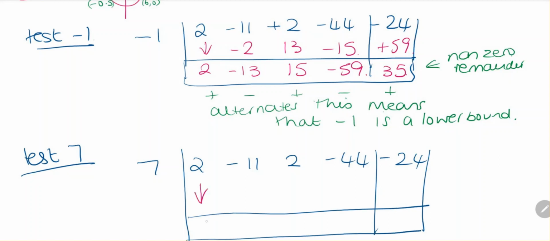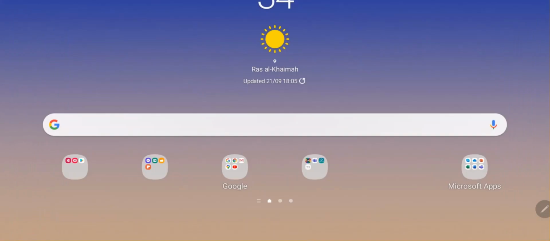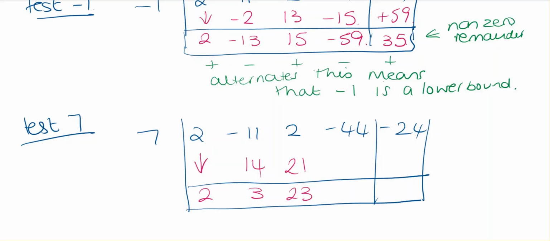So bringing down the 2, 7 twos are 14, 14 minus 11 is 3, 3 sevens are 21, this is 23, and so 23 times 7 is going to be 161. 161 multiplied by 7 is 1127. And 1127 minus 24 is 795... so this is a non-zero remainder.